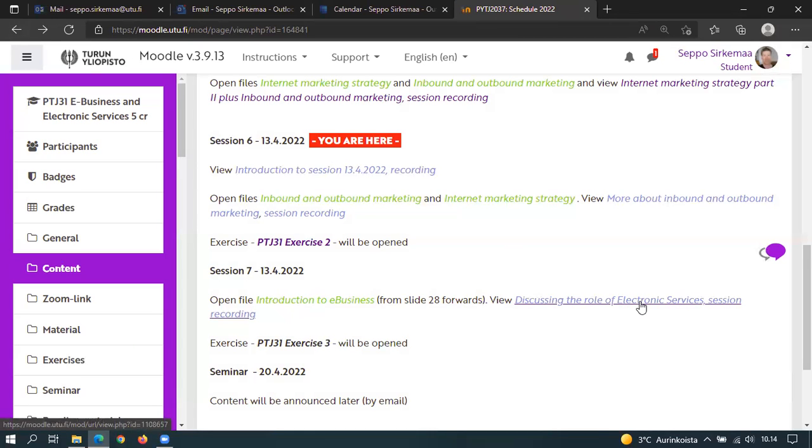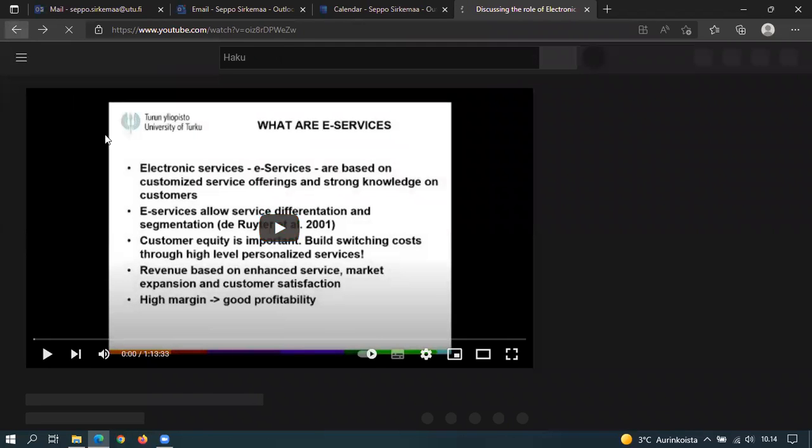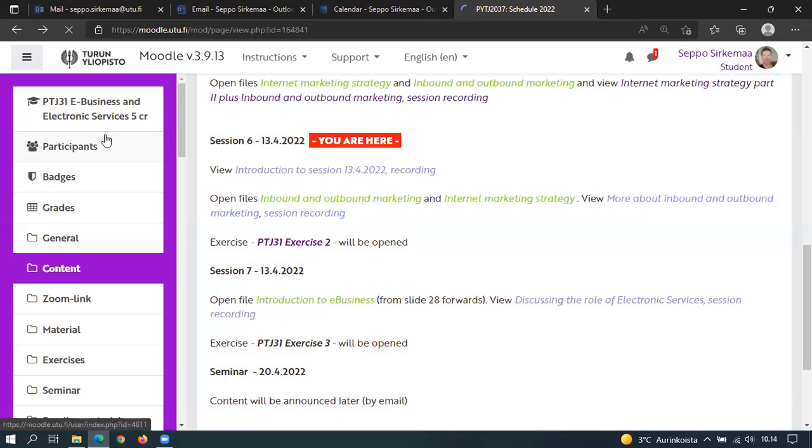So the last one, which discusses the remaining slides of the slide set titled Introduction to e-business, lasts for 1 hour and 13 minutes. So something like 2 hours and 20 minutes is the total amount of the session recordings that you are supposed to look at this week, not necessarily today, but during this week. Plus, there is some more.